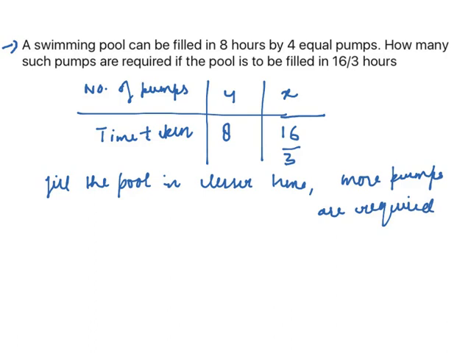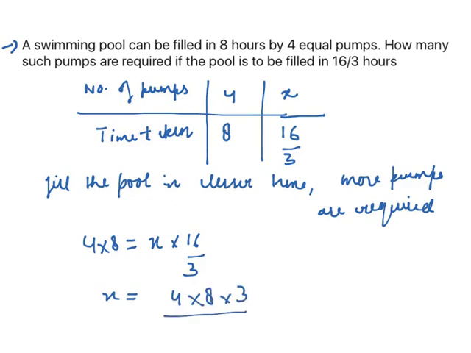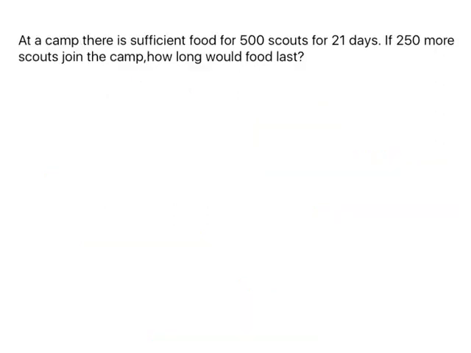So what we can do, we can equate their product. 4 times 8 will be equal to x times 16 by 3. So x will be equal to, we will take 16 by 3 to the left hand side, 4 times 8 times 3 divided by 16. That is 4 times 4 is 16, that is 2, and 3 times 2 is 6. That means 6 pumps will be required to fill the pool in 16 by 3 hours.